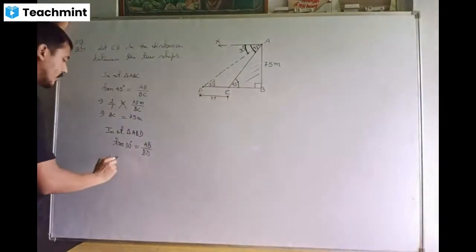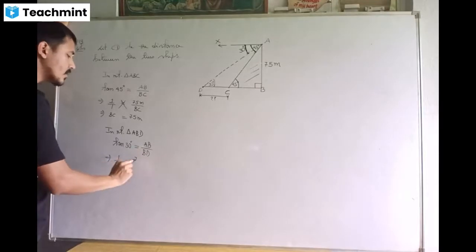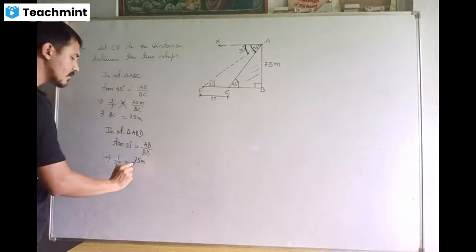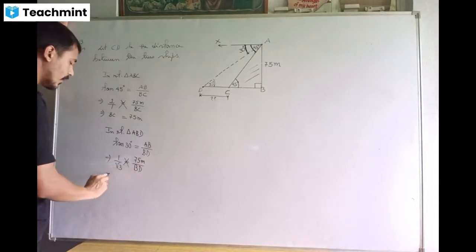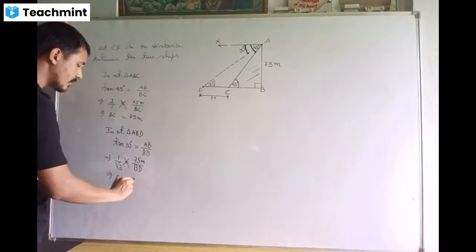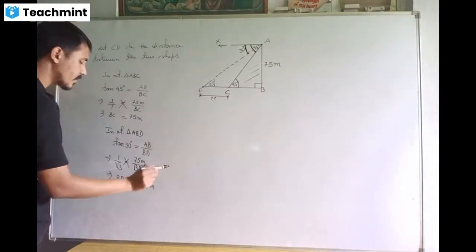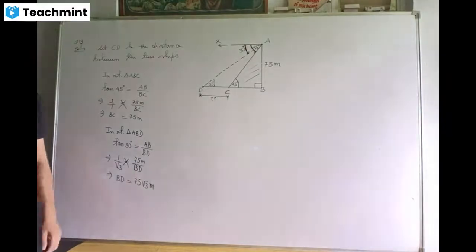The value of tan 30 degrees is 1 upon square root of 3. AB is known to us, which is 75 meters, upon BD. BD is unknown, so if you cross multiply, your BD is obtained as 75 times root 3 meters.